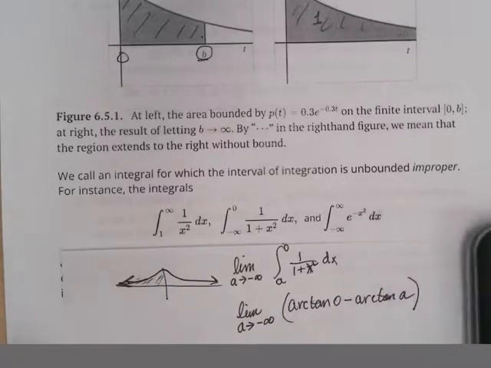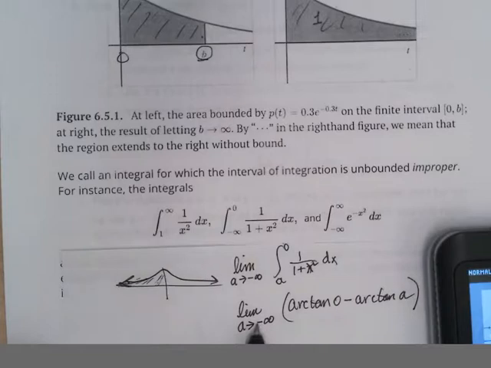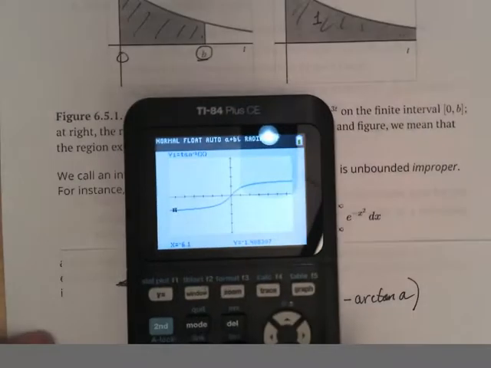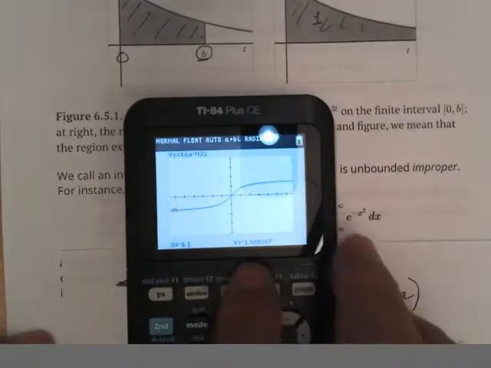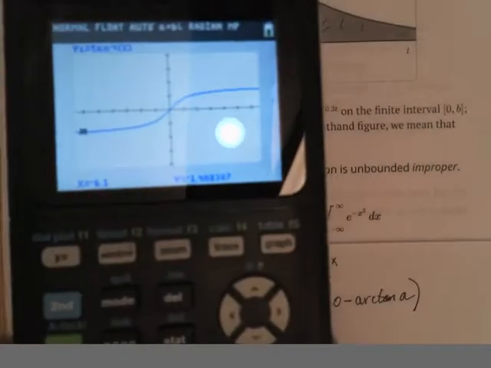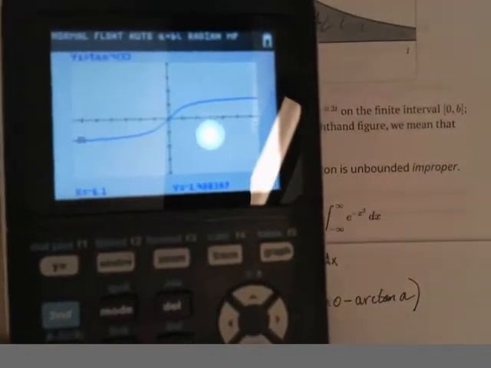And that appears as a goes to negative infinity, this appears to approach a value down here. Let's just kind of trace and see what that's getting closer and closer to. It looks like it's getting closer and closer to negative, I'll hold it up here so you can see it better. Maybe you can see better. Negative 1.4.